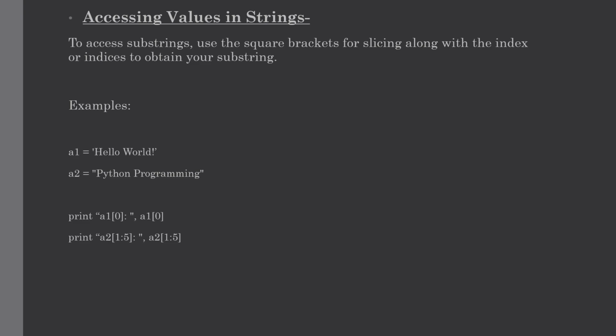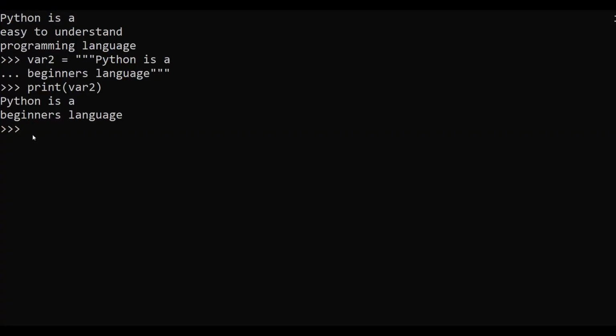And in the second example, we are accessing the 1 to 5 letters from our string. In this case, we will assign 2 variables with a string value. Our first string will be A1 having the string hello world, and the second is A2 and the string is Python programming. In the first example, we will print the first letter from the A1 string.